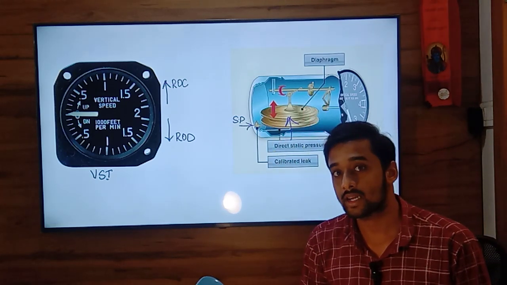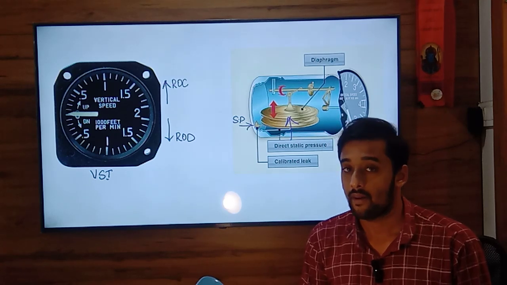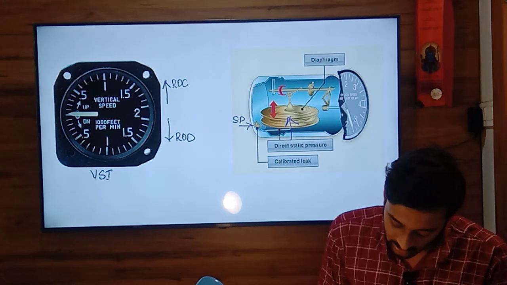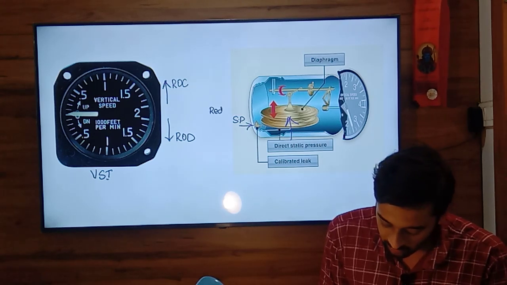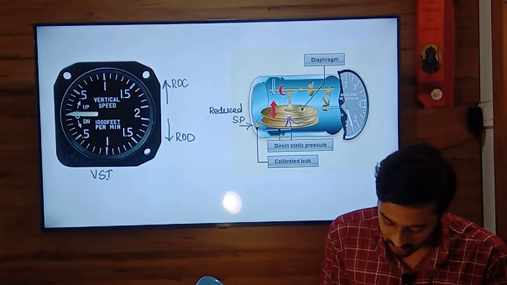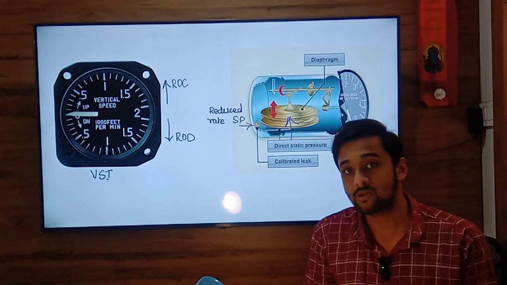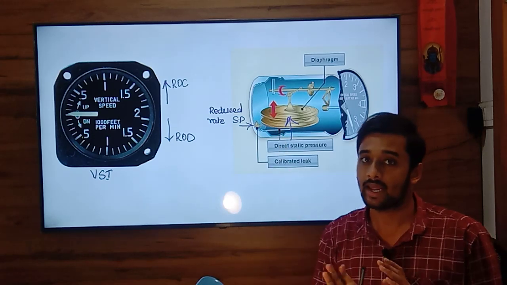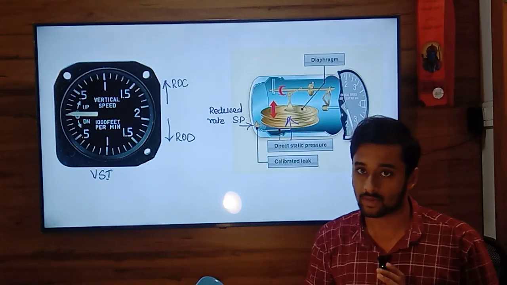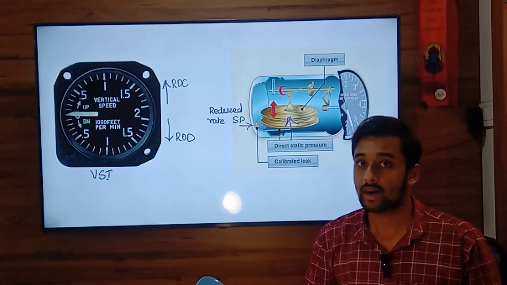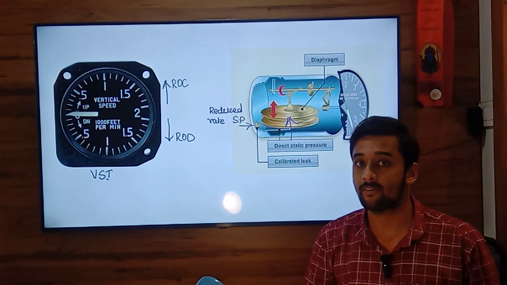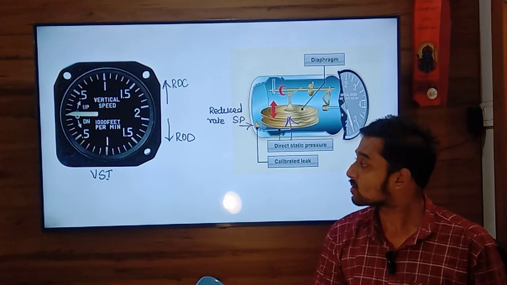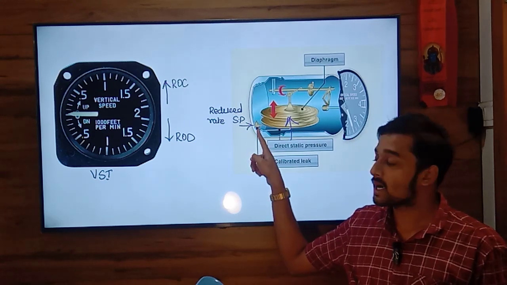But this entry of static pressure will be at a reduced rate. All the outside pressure from the atmosphere will enter this aneroid capsule directly, non-stop. But in the instrument case it will be fed at a reduced or calibrated rate, through this calibrated leak.